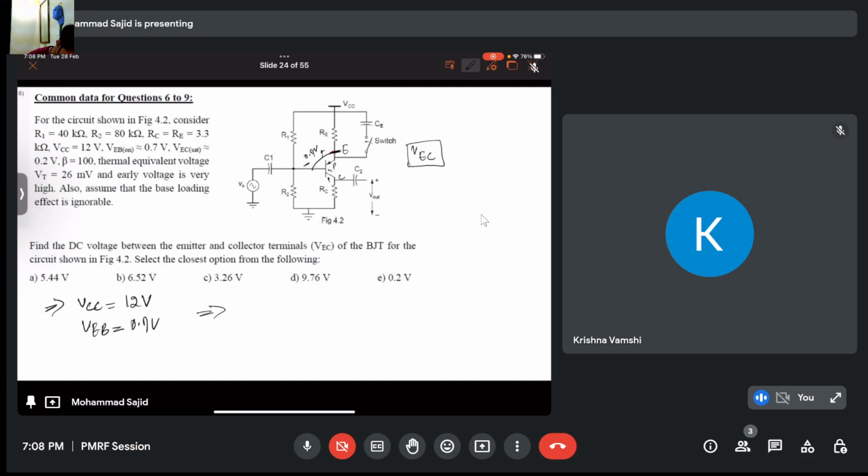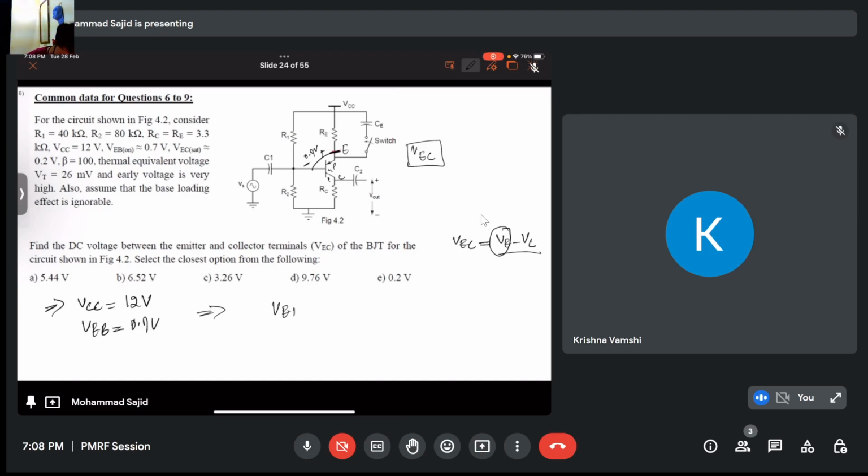So what we will do is we'll first find VE, then we will find VC, which will give us VEC equivalent to VE minus VC. So first goal is to find VE, right?